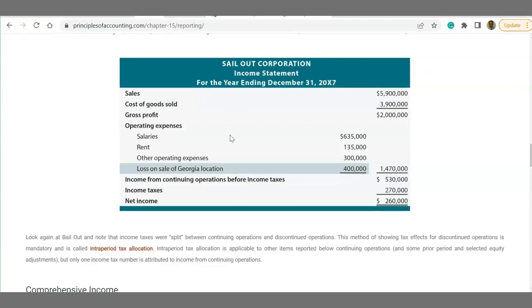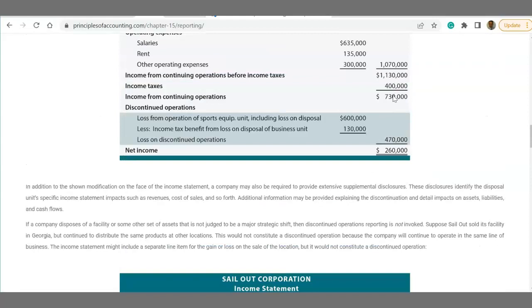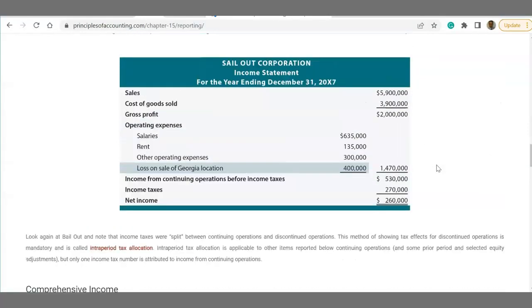That's why they have to go below income from operation, which is below 130 right there, but above income tax. Below 130, but above 400. And then income tax will be the last thing, and then you have net income. Make sense?